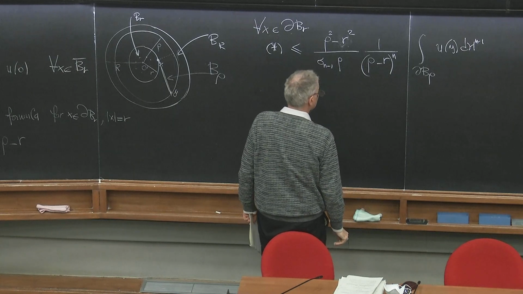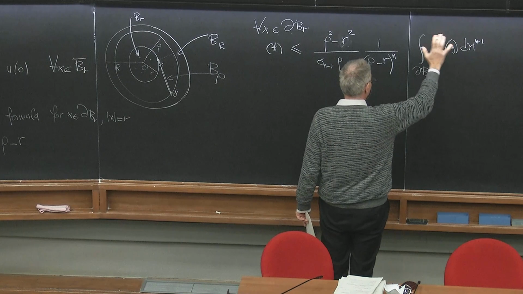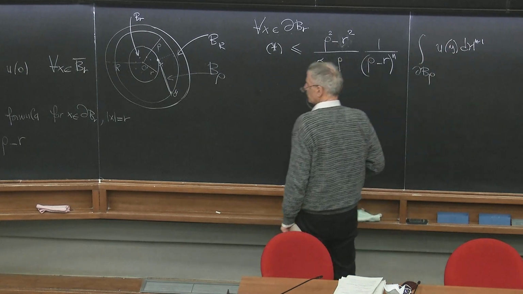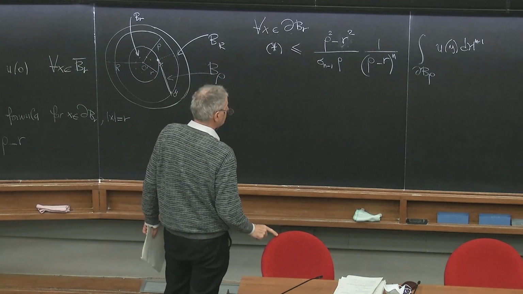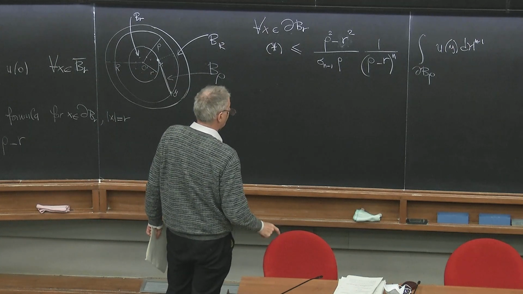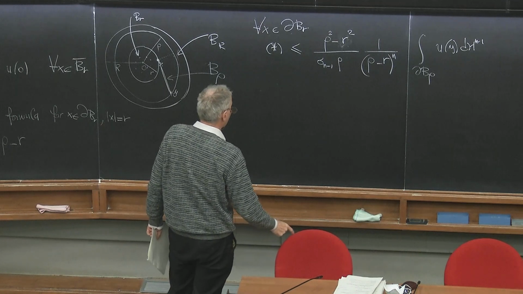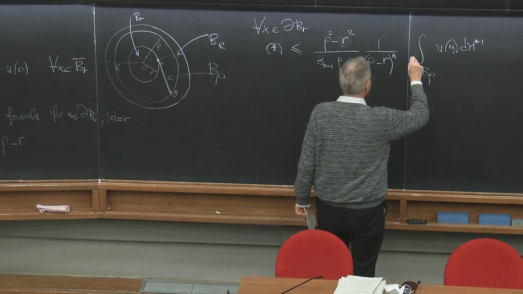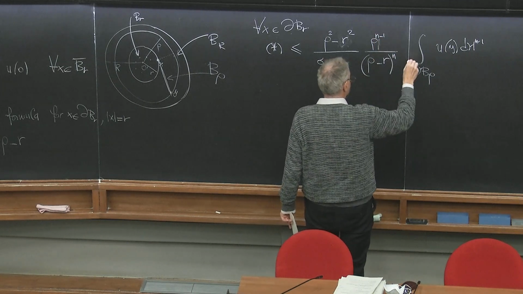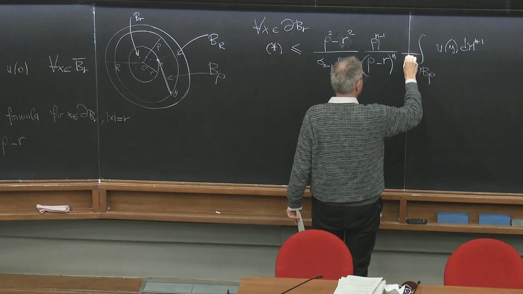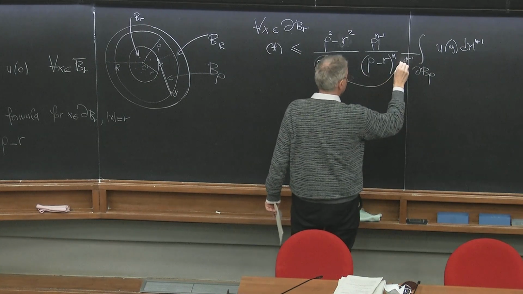Rho minus r, and then here we want to make it the mean value, the surface mean value formula. So we multiply and divide by rho to the n minus 1, divide it here by rho to the n minus 1, and put this constant here.